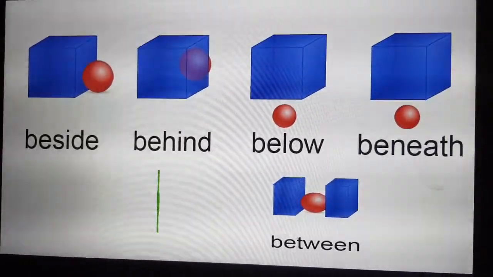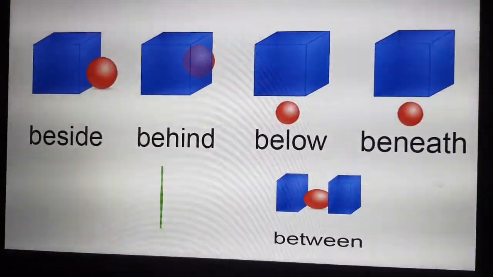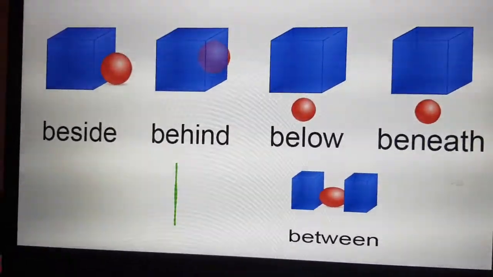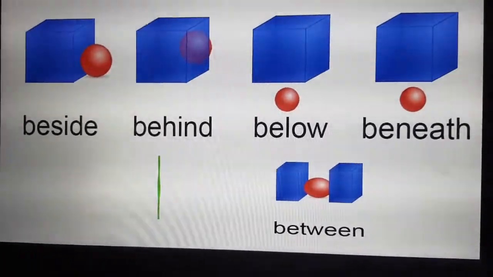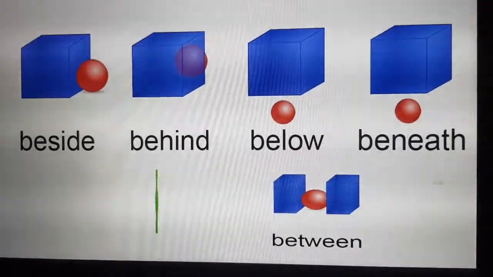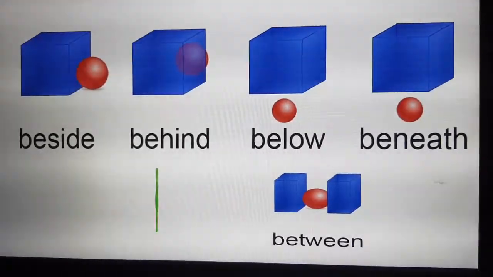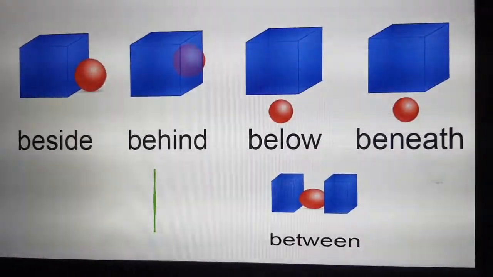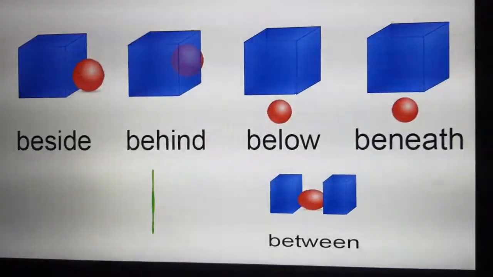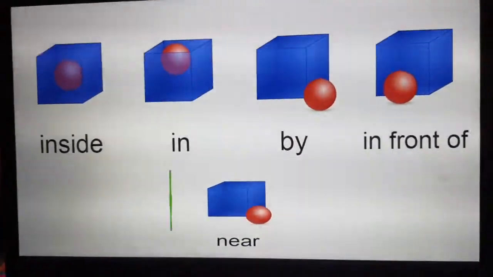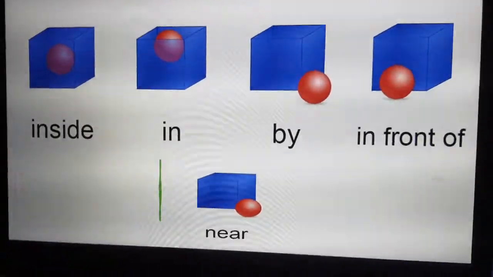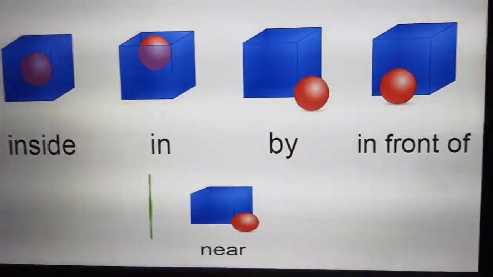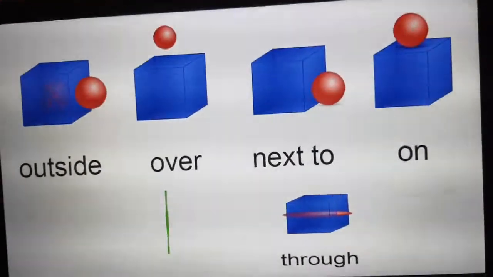Behind means the ball is hidden behind the blue box. So now you cannot see the ball very clearly, it's blurred. Probably the box is made up of crystal or glass. Below means the red ball is below the blue box. Beneath, between. Okay. Here inside, in, by, in front of, and near.